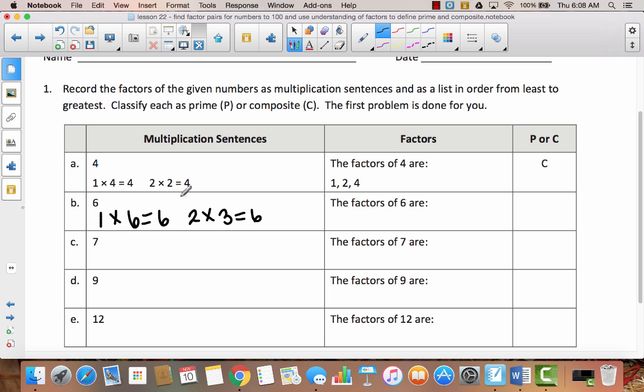So we've got 1, 2, 3. That only leaves 4 and 5, right? So is 4 a factor of 6? Is there anything times 4 that equals 6? No. Is there anything times 5 that equals 6? No. So these are the factors of 6. So I like to list them like this. 1 is the smallest. 6 is the greatest, okay?